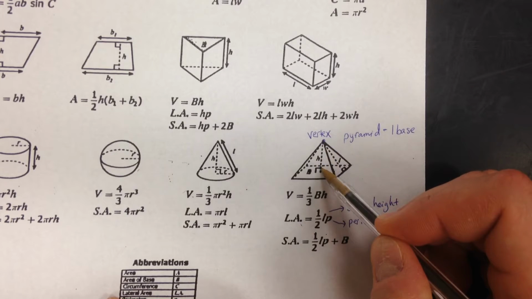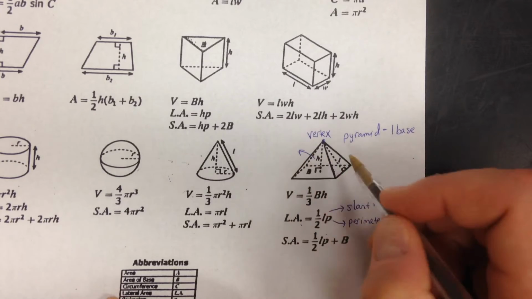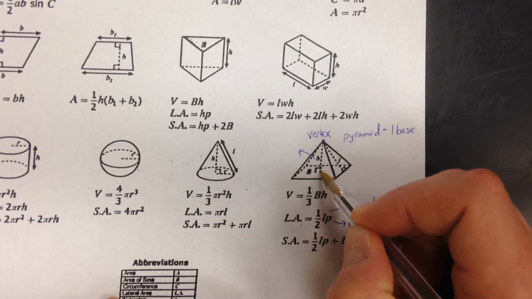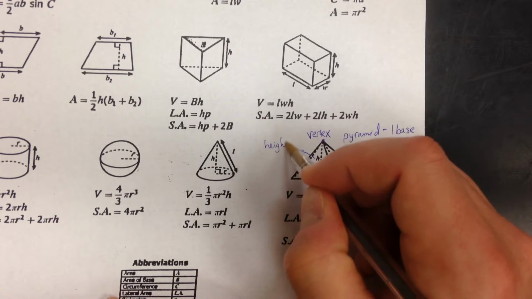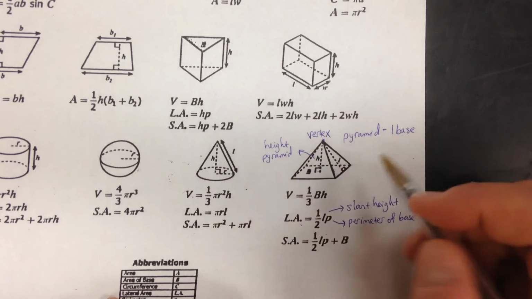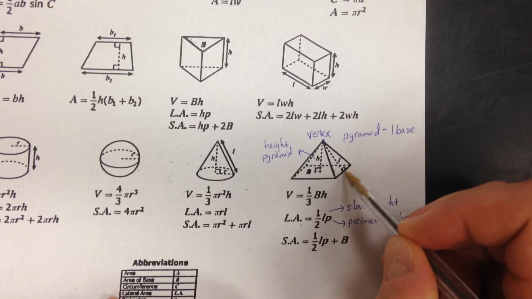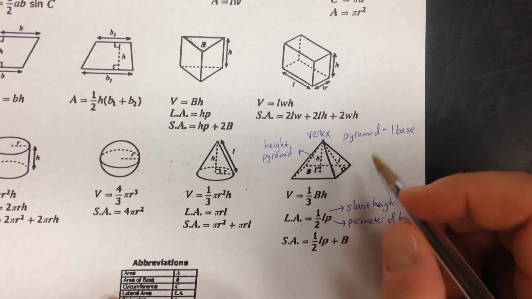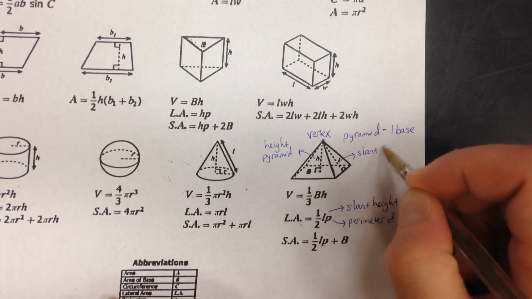This is a height for the pyramid itself, this H. This H is the height of the pyramid from the vertex down to the center of the base. That's the height of the pyramid. So the height for the pyramid. The slant height is going to be the height of the triangular faces, the lateral faces. So that L right there, that is your slant height.